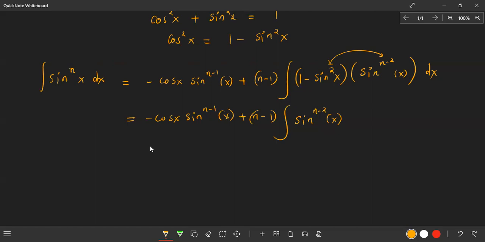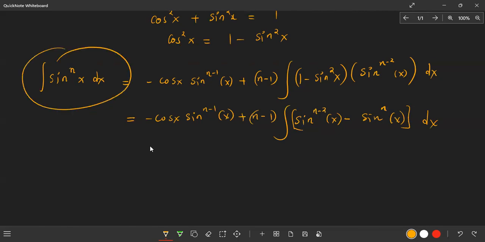So we're going to have 2 plus n minus 2: the 2 and the negative 2 cancel out, just leaving behind n. And this negative is minus sine n x, and then all of this multiplied by dx. So again we have sine n, what we started with here.